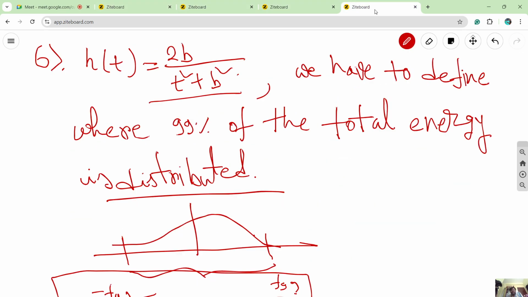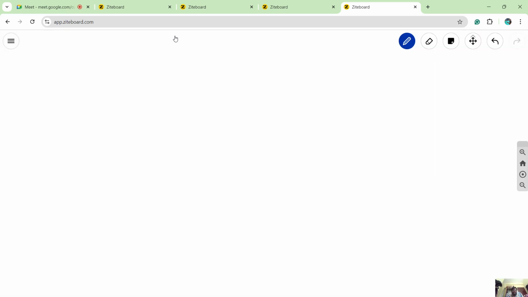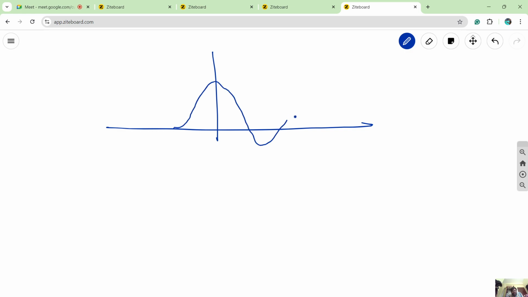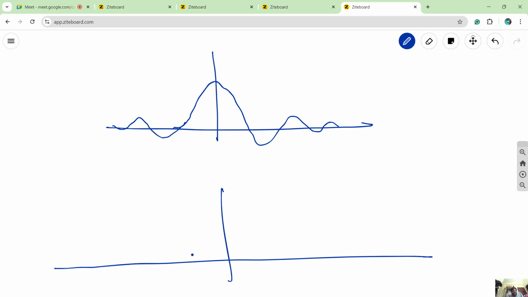I'm just writing the sinc function on the next page so that it becomes easy for everyone to understand. So this is the sinc function. Now we have taken the mod square term of this, so suppose it becomes like this.